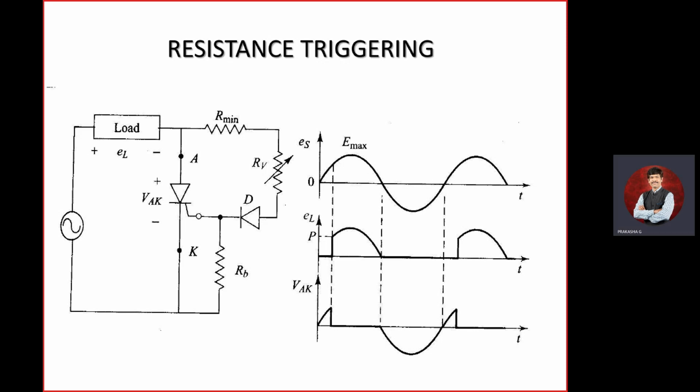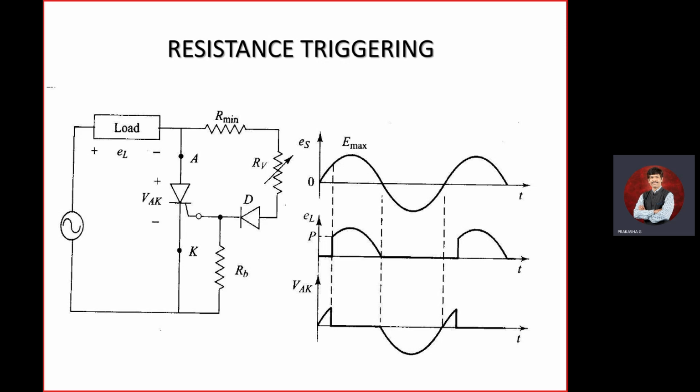Kindly concentrate. At 0, I am not getting it. Once your diode has become positive, it takes some time. Then at that time your input voltage has reached this value.